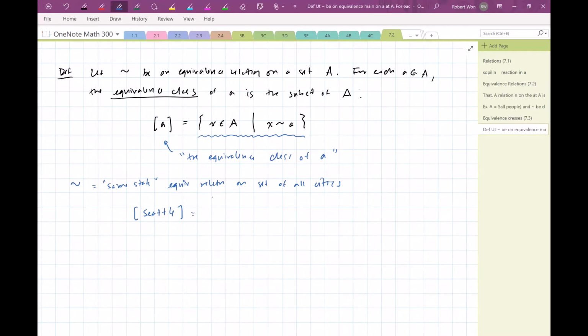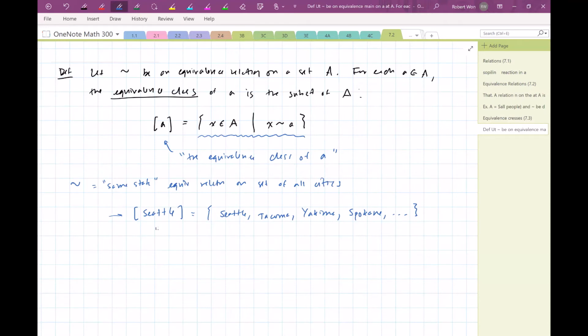So this is a whole set of cities. It contains Seattle, Tacoma, Yakima, Spokane. I only moved here 3 years ago, so those are all the cities I know. It's not really true. This equivalence class is the set of all cities in Washington.